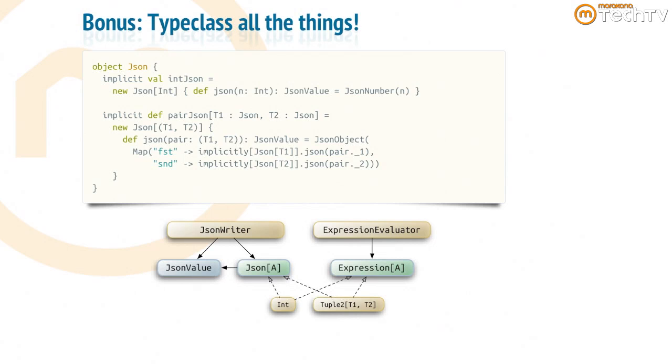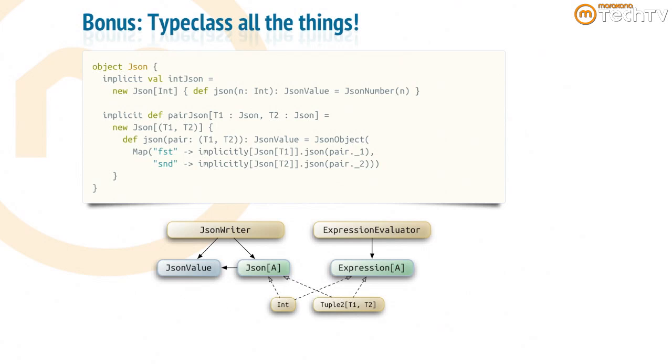So if somebody else provides some other JSON type class instances that are available in implicit scope, then at the point where I am doing my JSON writer.write, as long as those are all in scope, I can call int JSON, I can call pair JSON, and I can call whatever other JSON things are provided implicitly.